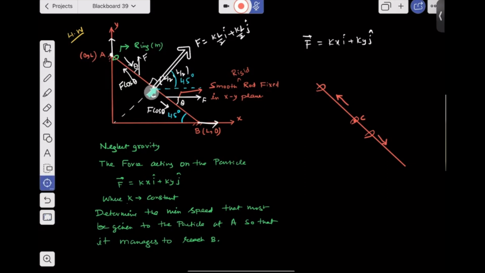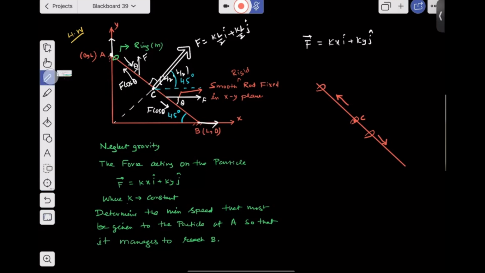Before this point, the force will be having a component which is acting against it, because of which it will be opposing the motion of the point from A to B. But after point C, the force has got a component down the incline always, because of which it will be supporting the motion of that slip ring once it crosses the middle point.